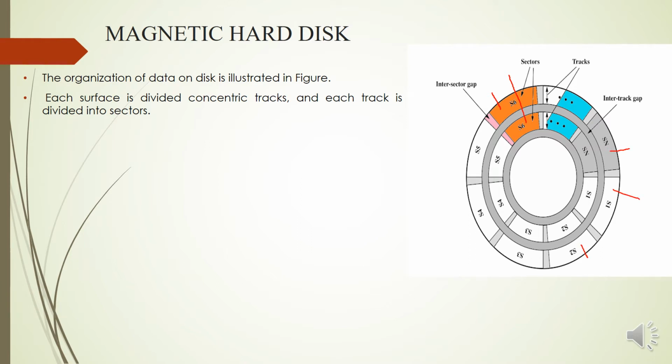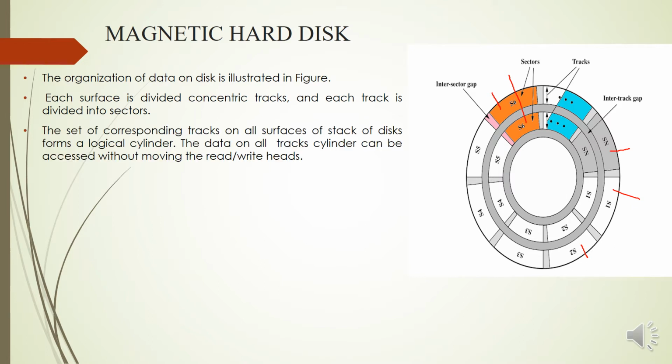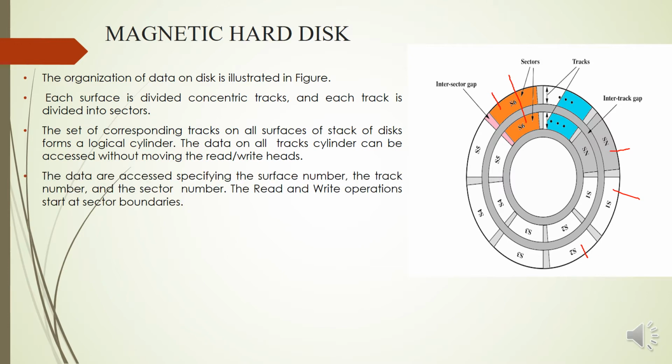The set of corresponding tracks on all surfaces of the stack of disks forms a logical cylinder. The data on all tracks of a cylinder can be accessed without moving the read or write heads. The data are accessed by specifying the surface number, the track number, and the sector number.